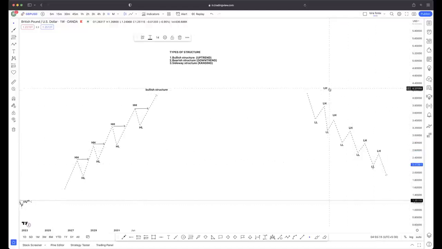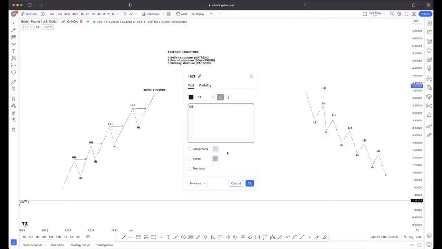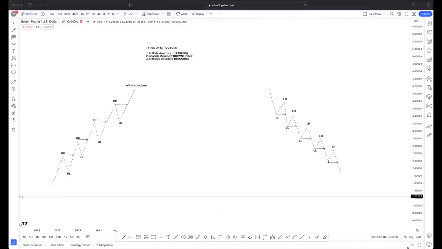Now like I said, we have a series of lower lows and lower highs. How do we get this? We get this when a lower low breaks a low to form another lower low. As you can see, this one broke this one to form this. This also broke this to form this. This also broke this to form this.